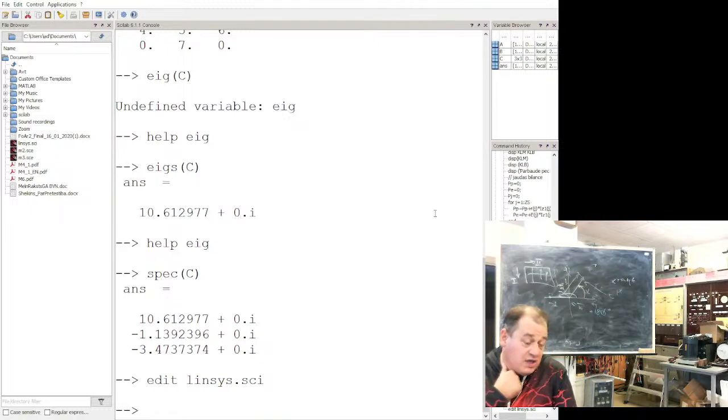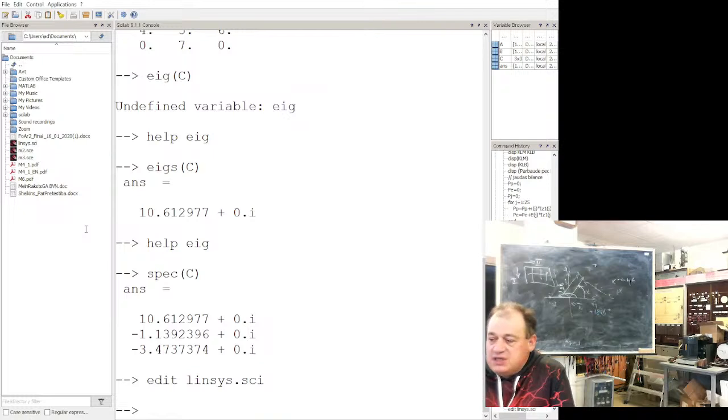Yeah. How can I solve it? First, I will copy this part. What's this? Gauss.